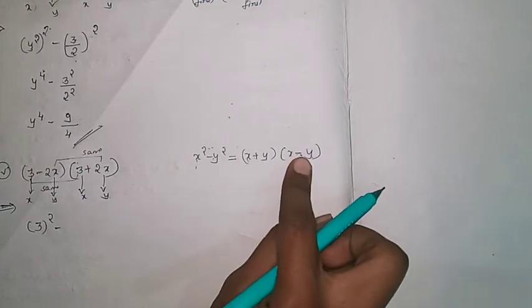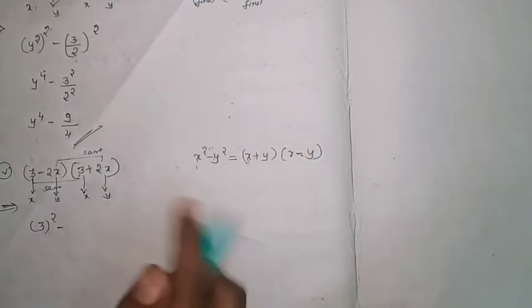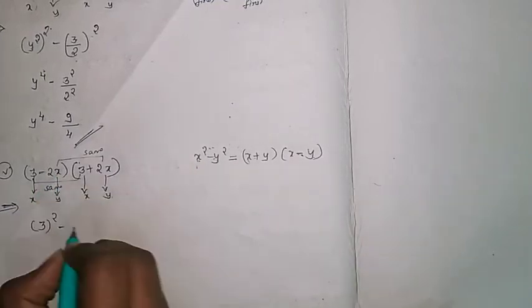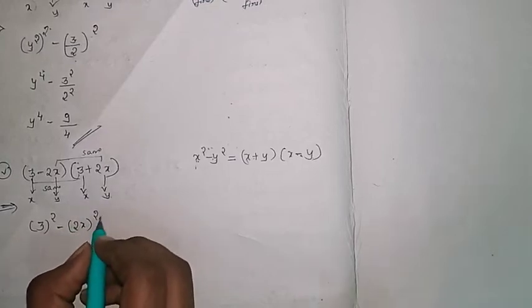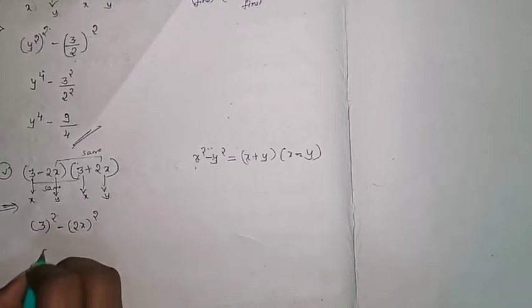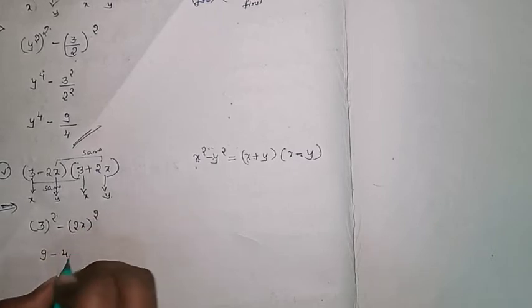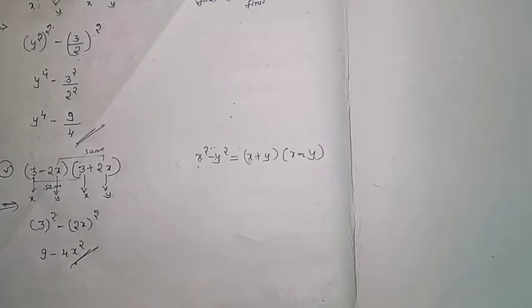But in the formula it is there, x plus y and x minus y. So directly we can write x square minus y square, where the y value is 2x whole raised to square. So 3 square is 9 minus 2 square is 4, x into square is x square. So this is our required answer.